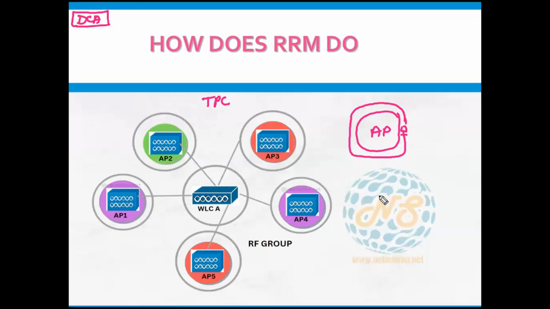If you have an autonomous AP, you will do this yourself. But if you have the WLC, it automatically adjusts the transmit power level of the AP to ensure optimal coverage and minimum interference. It can increase or decrease the power level as needed to maintain a stable RF environment. Any doubt?